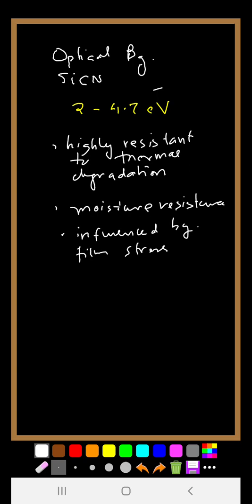The best results are obtained when we have no compressive stresses in the film. This actually leads to the best film properties.